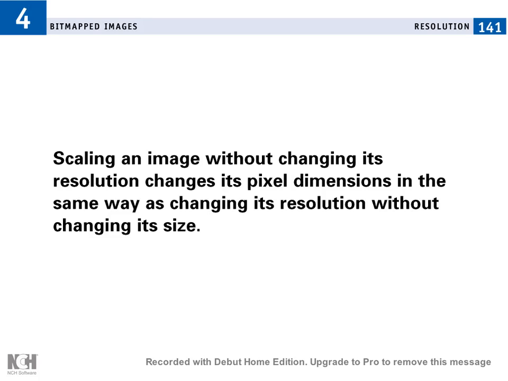And then, scaling an image without changing its resolution means changing its pixel dimension. It is also the same as changing the resolution without changing its size. So we saw in the previous examples the relationship between the image's resolution and its size.